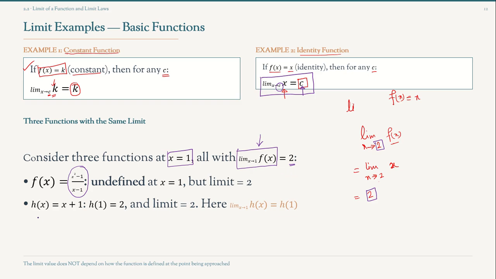And now for h of x equals x plus 1, what happens? The limit as x tends to 1 of h of x, where h of x is x plus 1. So we will have 1 plus 1, 2. That means the limit is 2.